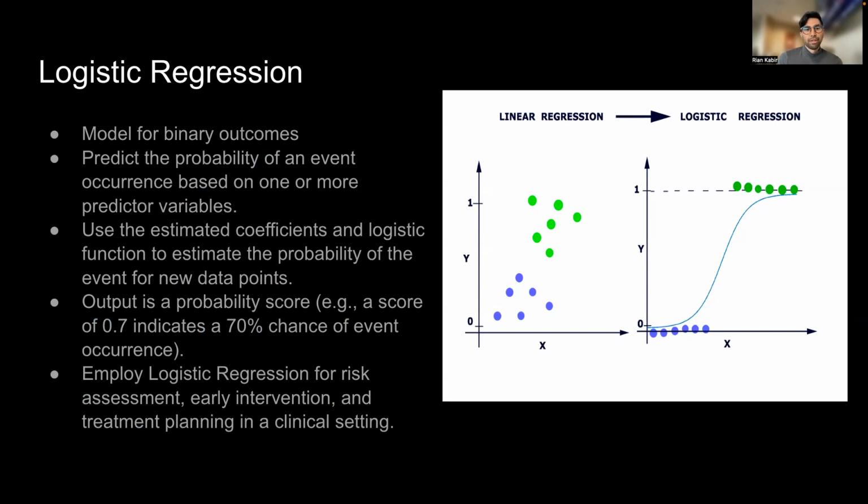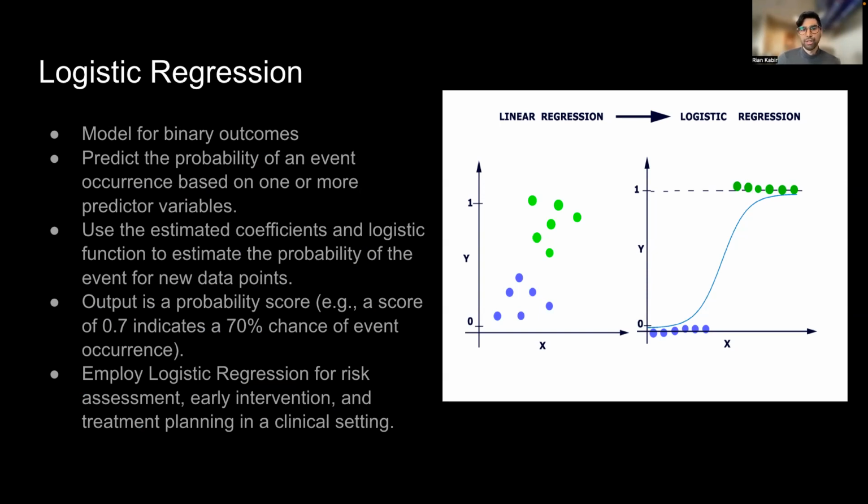So let's go over some of the simple methods that you might see, and we'll get more and more complex as we go through. So logistic regression. This is a model for binary classification. It's useful in medical settings for risk assessment, early intervention, treatment planning. The core idea is to estimate the probability of a particular event happening, so disease onset based on one or more predictor variables.